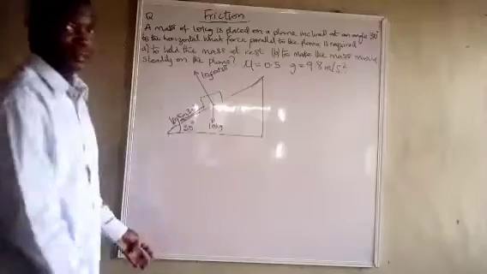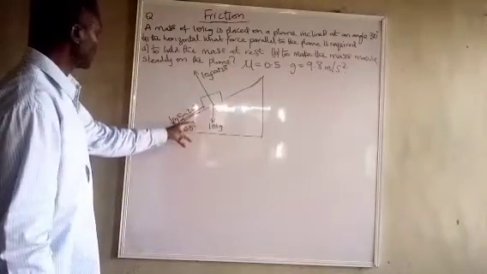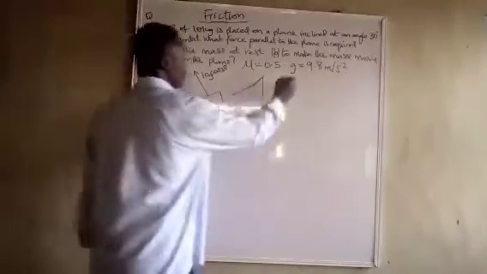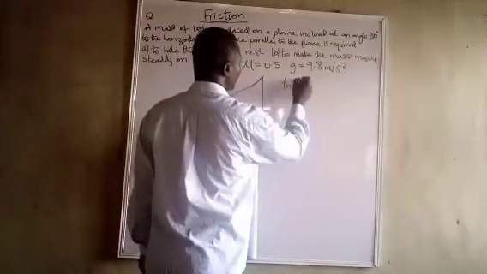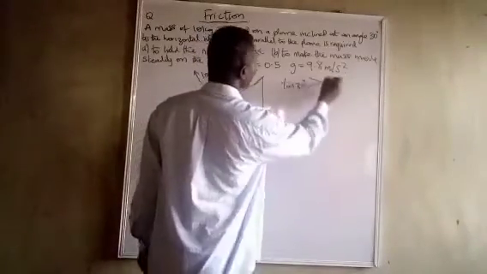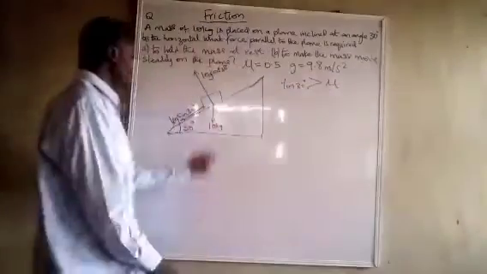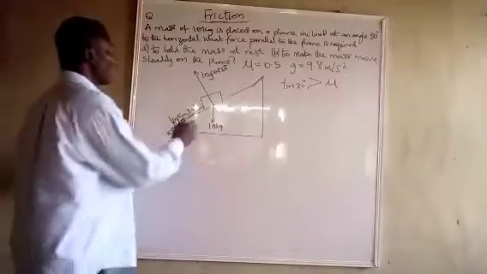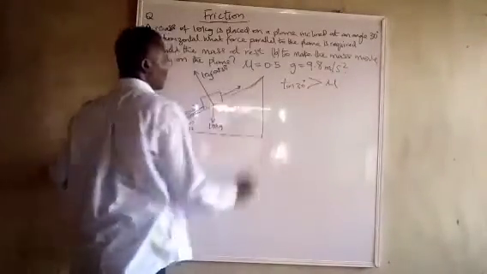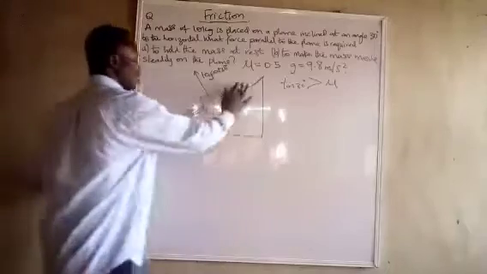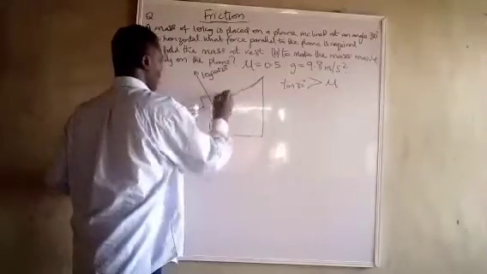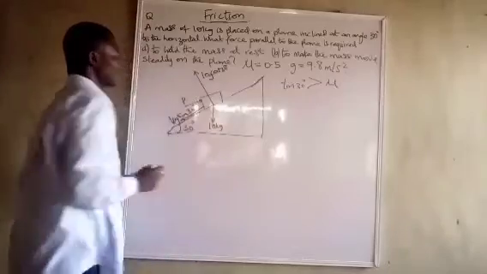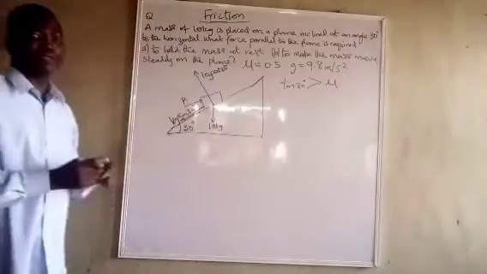If you look at it, considering this, mu is less than tan 30 degrees, which means that there is a tendency to move down. We are now looking for a force to hold it, to stop it from moving down.